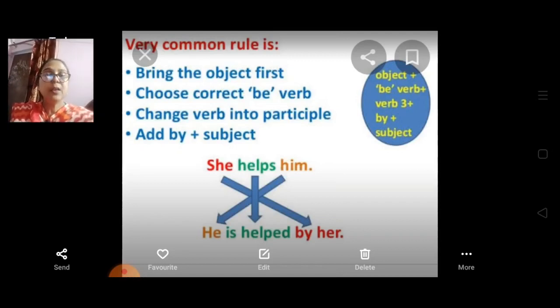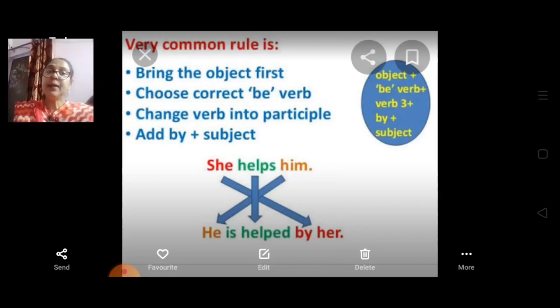It is written, and you can see in this clip also: she helps him. Now, if we make it passive, it becomes he is helped by her, because this sentence is written in present tense. In passive voice we write he is helped. Helped is a past participle, and by her, because by him.